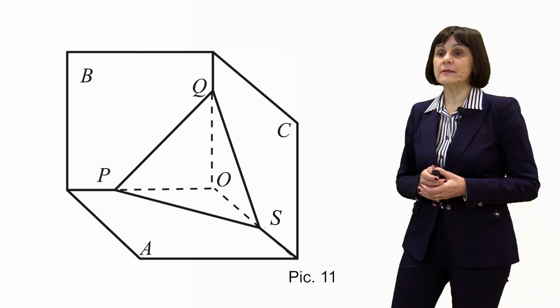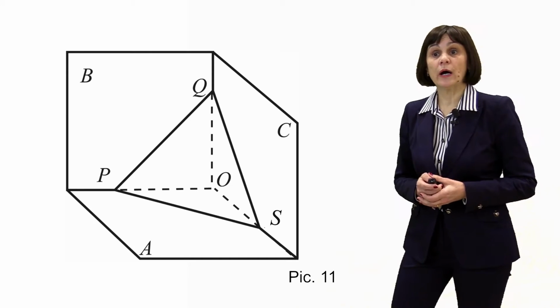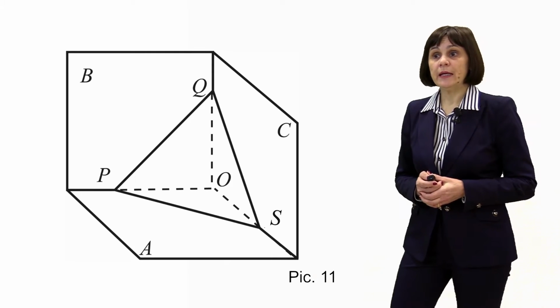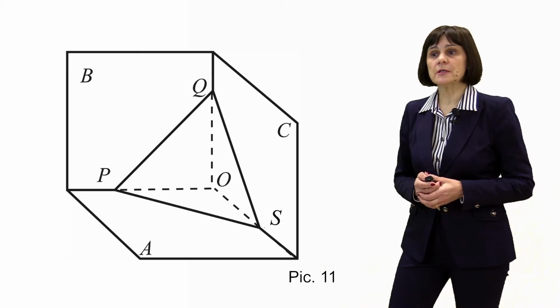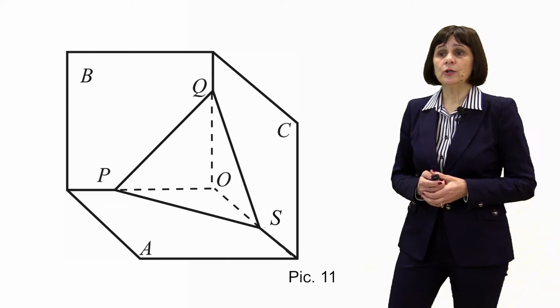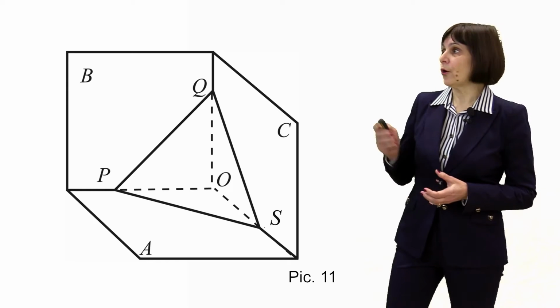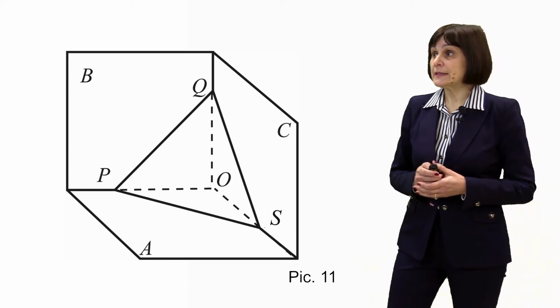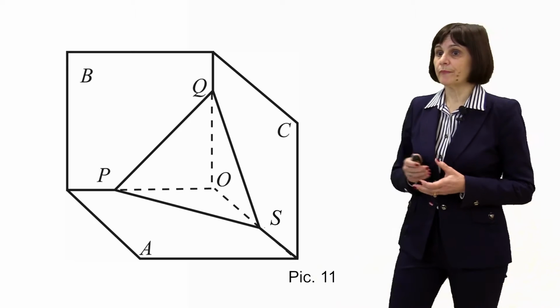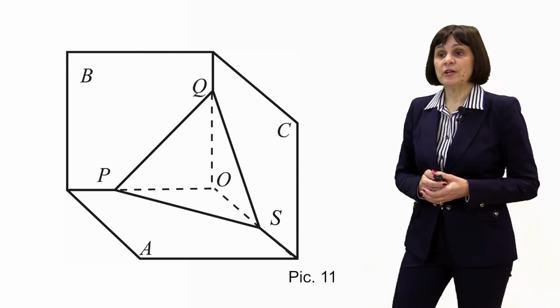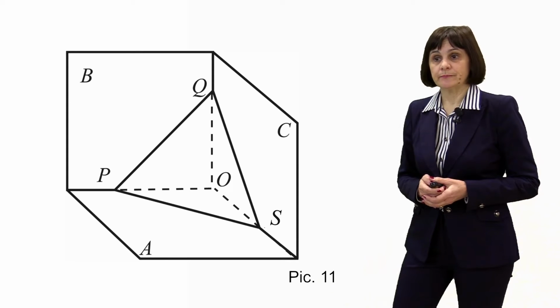You can see this example on our drawing. We can say that the plane of general position is not perpendicular to any of the projection planes. On this drawing, you can see this example. It's the example of a general position plane.